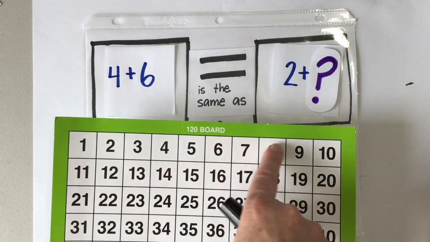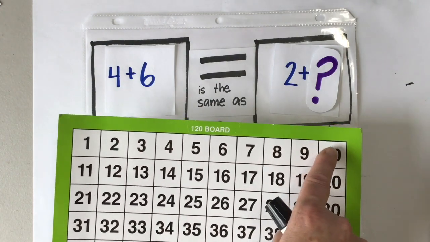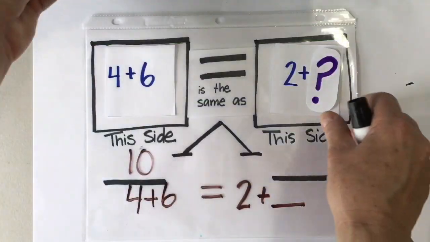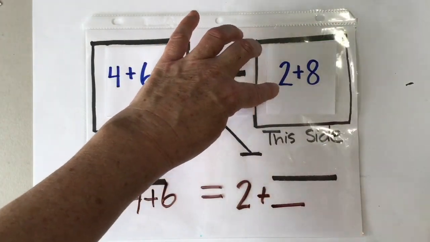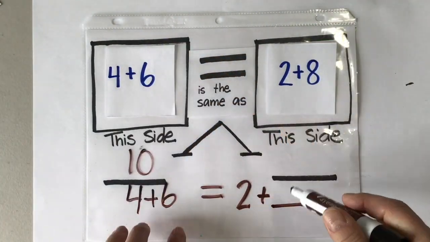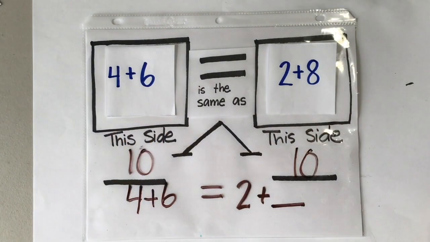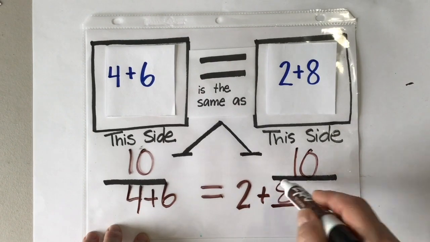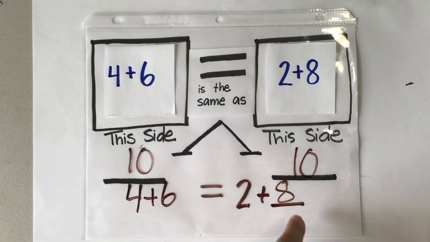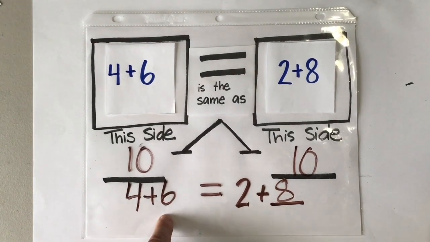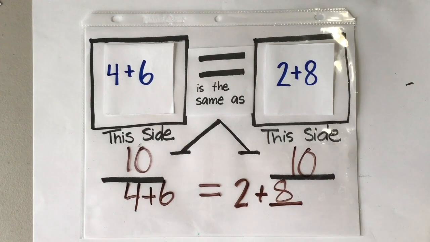There's lots of ways to get there, counting forward or subtracting. But this number is going to be 8 because 2 plus 8 is 10. So knowing your friends of 10 on this one would be helpful. So if you wrote it in your notebook, you need to put an 8 in the space that you left blank. So now this equation is equal. 4 plus 6 equals 2 plus 8.